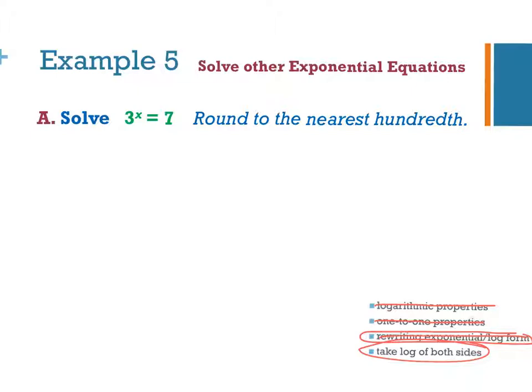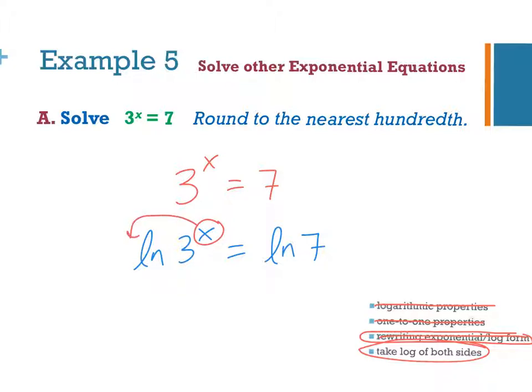So what it means to take the natural log of both sides is if I have 3 to the x equals 7, and I take the natural log of both sides, remember, whatever you do to one side, you have to do to the other. What happens is we can use one property of logarithms that allows us to bring that exponent down in front, which is what we're trying to solve. So by taking the natural log of both sides, it now reads x times natural log of 3 equals natural log of 7.